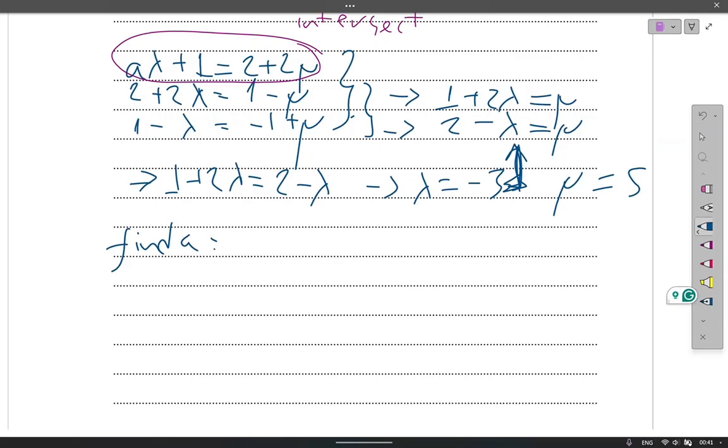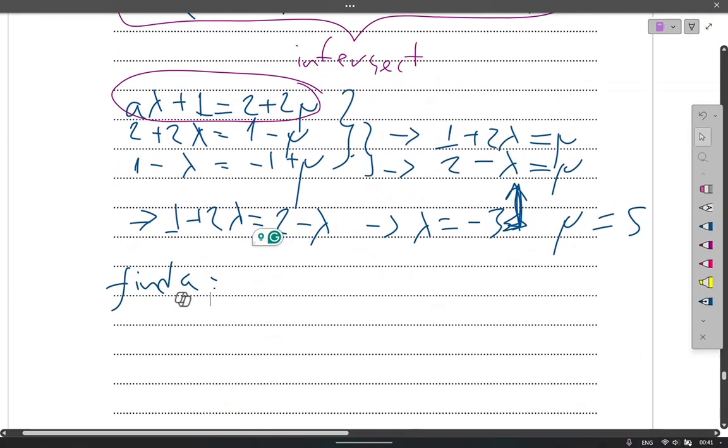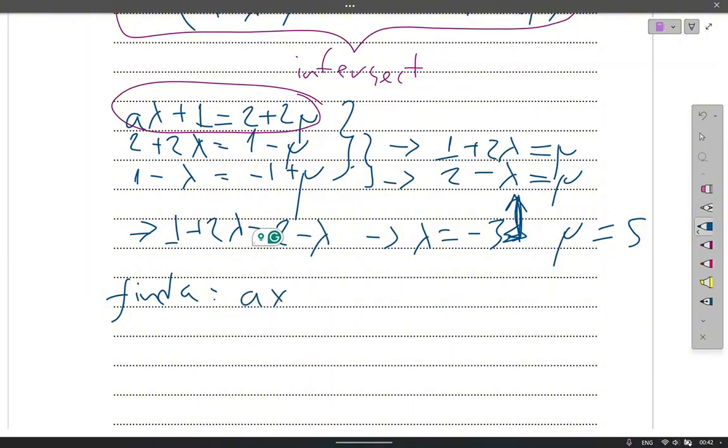So in the next step, we can find a since we have found lambda and mu, which means alpha times 3 plus 1 equals 2 plus 2 times 5.